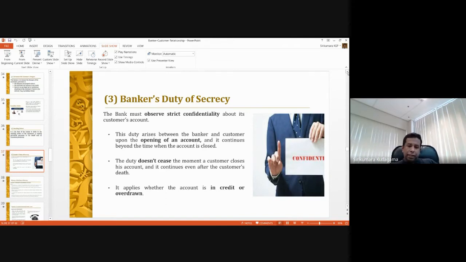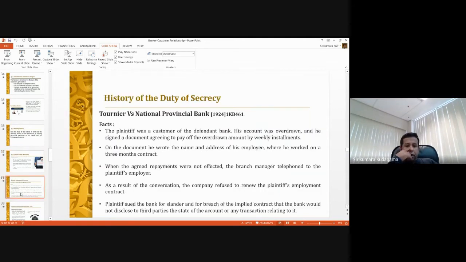Now, this has a considerable history, especially stemming from a landmark case called Tournier versus National Provincial Bank, where the facts are like this. The plaintiff, Tournier, had an account with the defendant bank, and his account was overdrawn at a particular point of time.